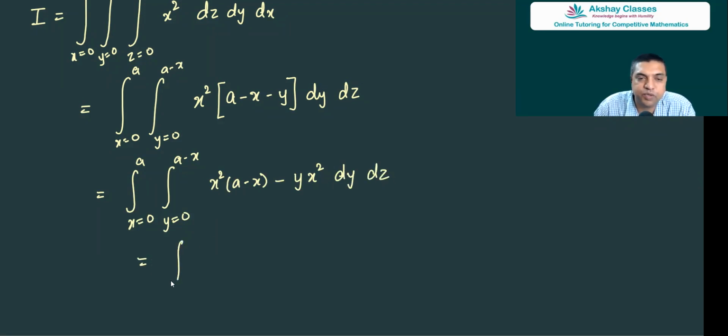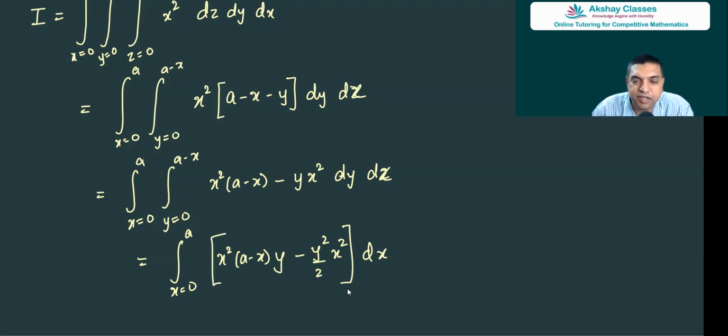Now integrating with respect to y, we get x square into a minus x times y minus y square by 2 into x square dx. Applying the limits of integration for y equal to 0 to a minus x.